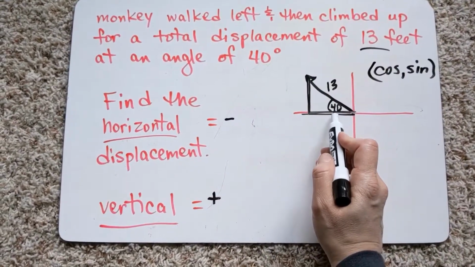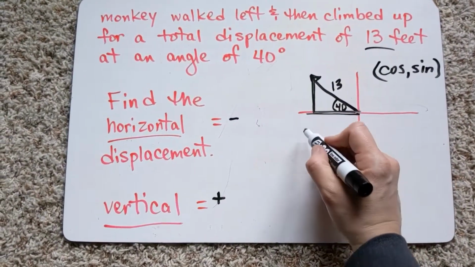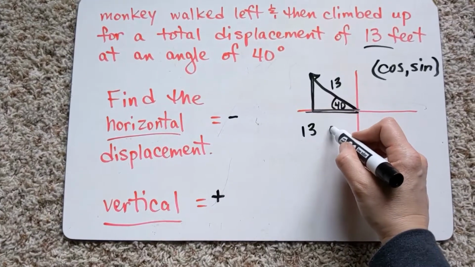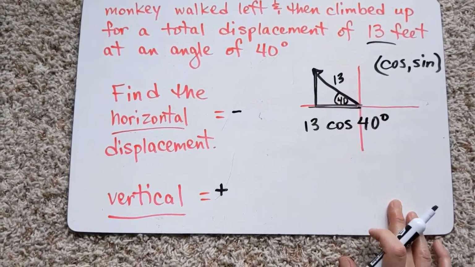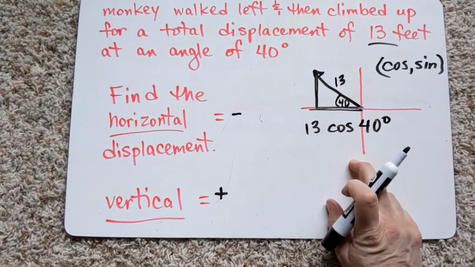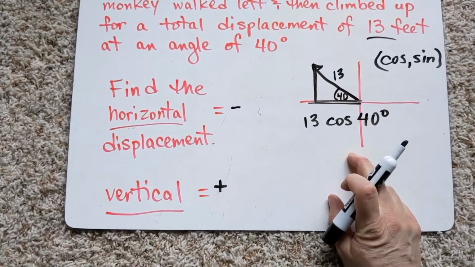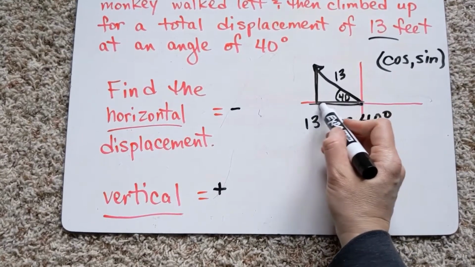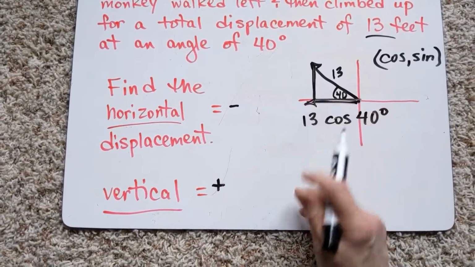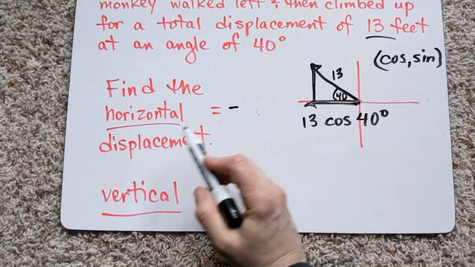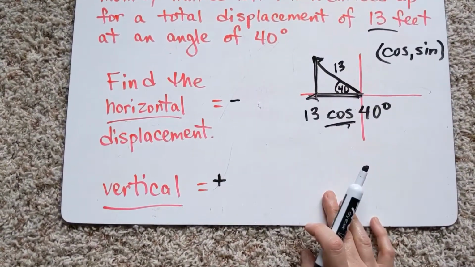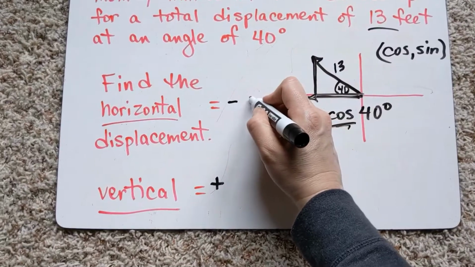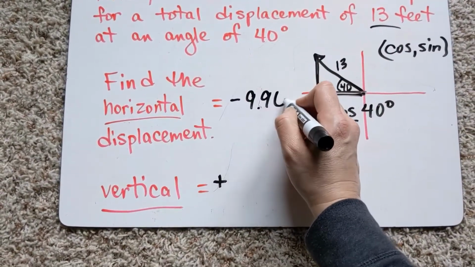So this measurement here would really just be whatever 13 cosine 40 degrees is. And you can literally just type that in your calculator. 13 cosine 40 degrees. It won't give you the negative. Again, you have to know that I'm headed to the left, and that's a negative direction. So if they ask for the horizontal, they want the x value, or the cosine, and that would be negative 9.96.